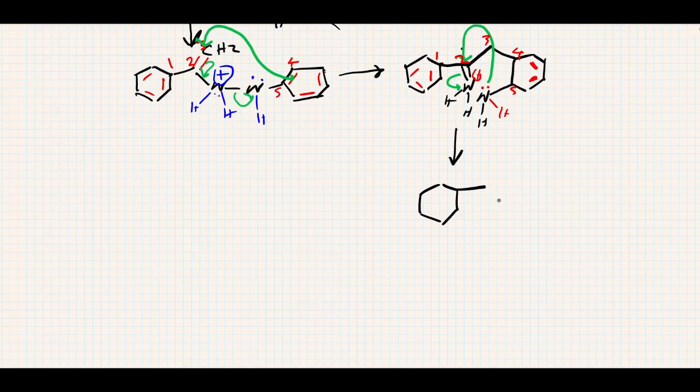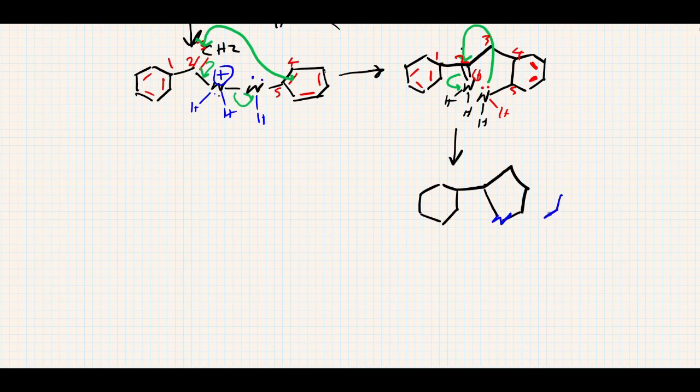So we have just created a new bond. Let me redraw that. Carbon 2, 3, this one. And then we have that plus this nitrogen, which just attacked the pi bond. So we have this with a new bond, which we just created there. This is very easy to follow if you know what is happening here.